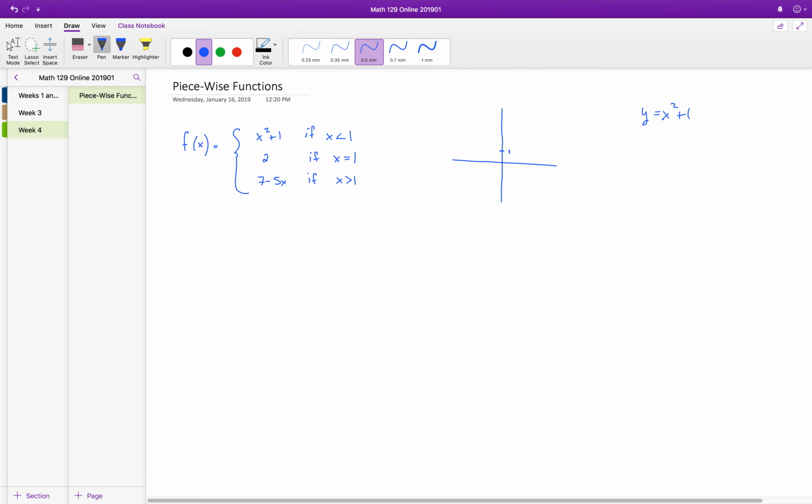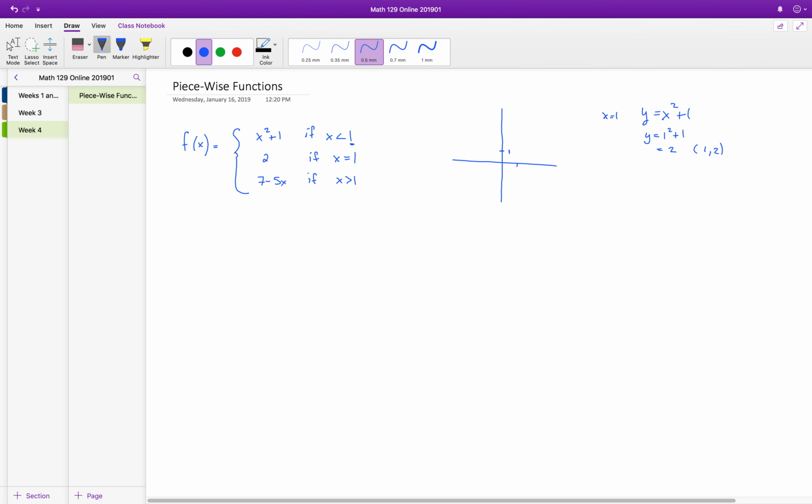So I know the basic shape of this. But it's going to be nice to know what the exact point is when x equals 1, because that's like a cut point for me. So when x equals 1, y is 1 squared plus 1, or y equals 2.